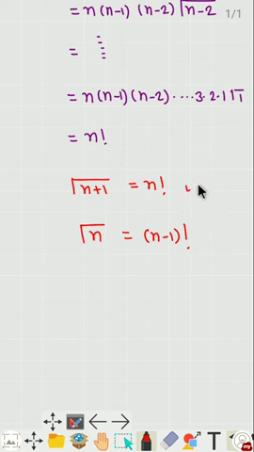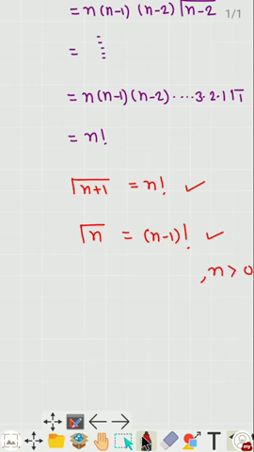So both results are same. Here n is strictly greater than 0.